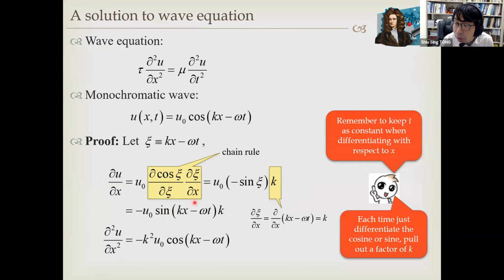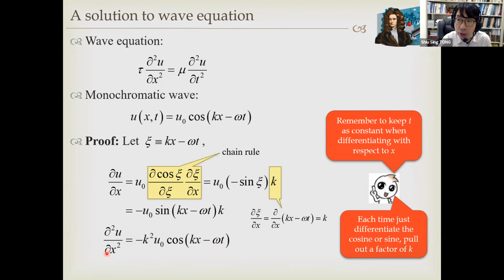And because the chain rule always contains the term partial C partial x, that will give me an additional factor of k. So when I do the second derivative, I get k squared. The sine becomes a cosine, and now we have k squared. Okay, and the minus sign is still there. Right? So this is the answer for the second derivative of u with respect to x.